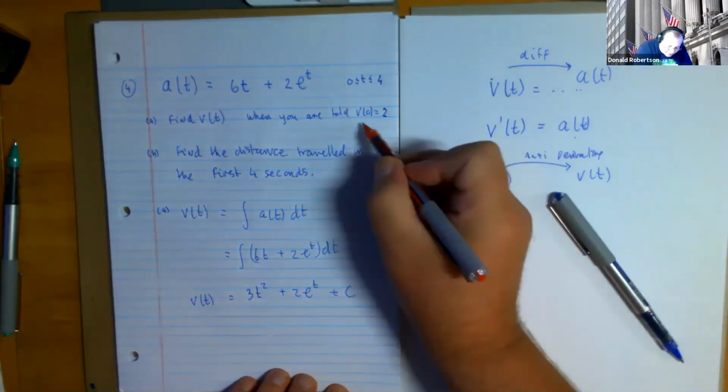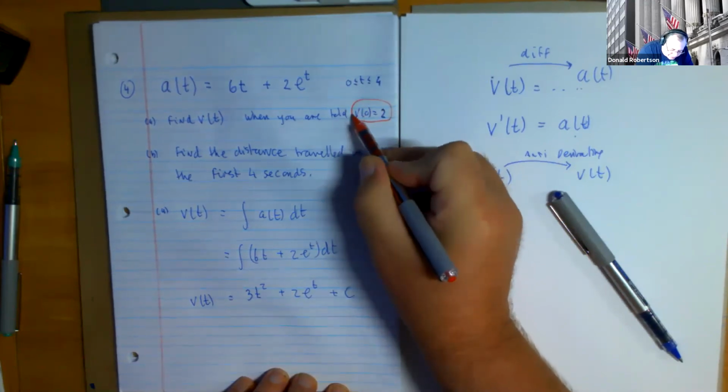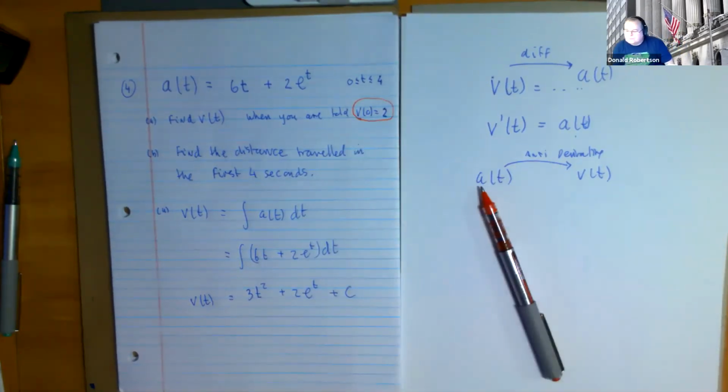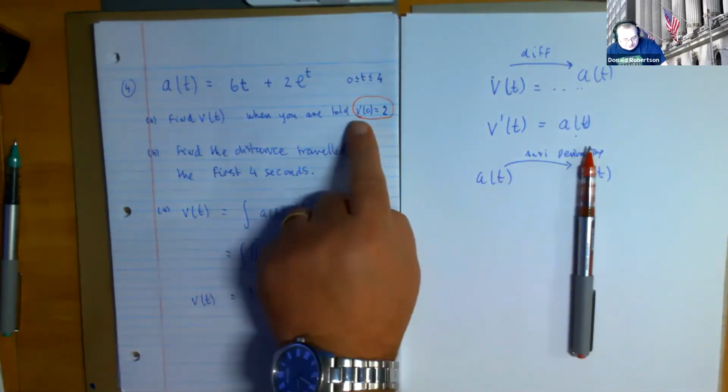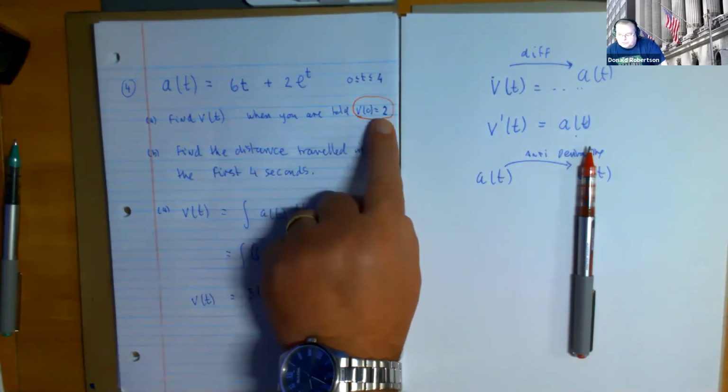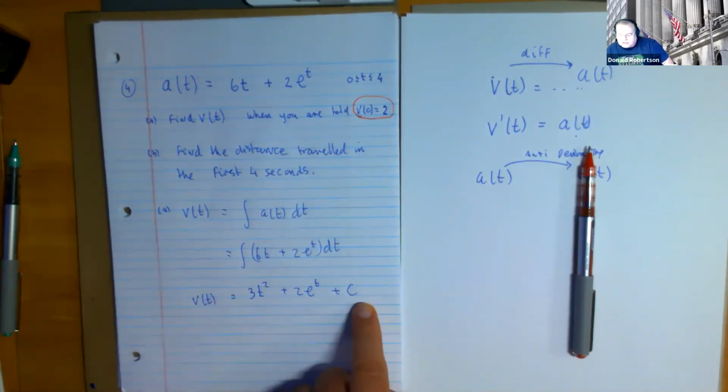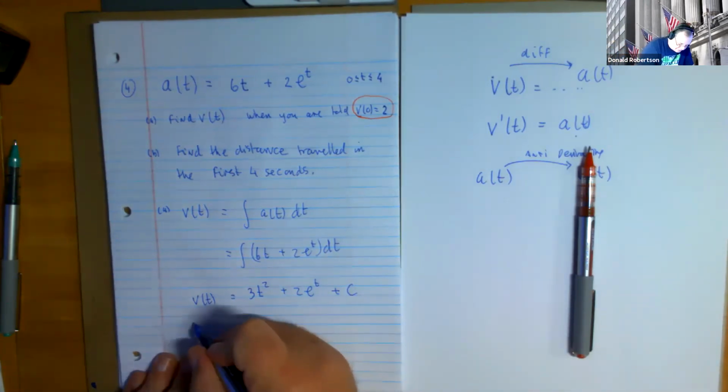Well, that's why you're told this fella. If I tell you that the velocity at 0 is 2, shouldn't I be able to plug it in here and then figure out what number c is? So let's figure out what that is.